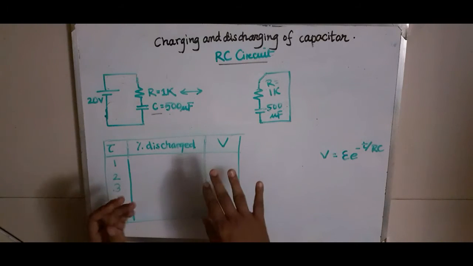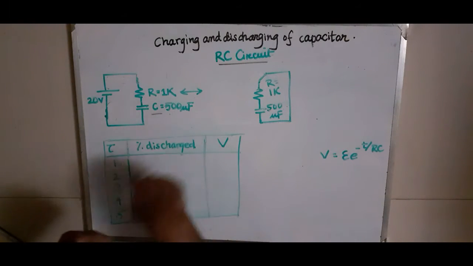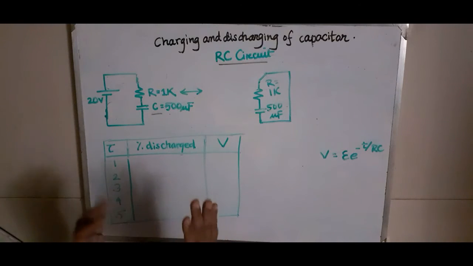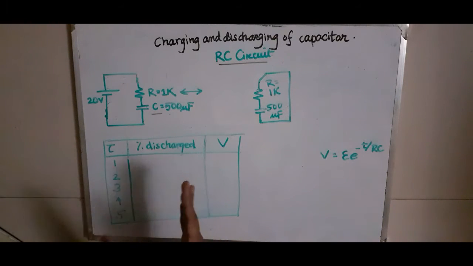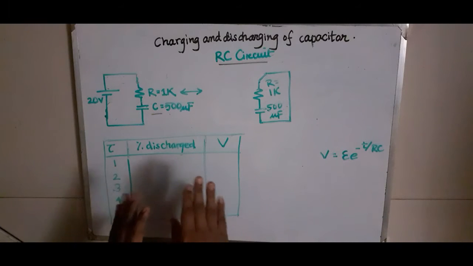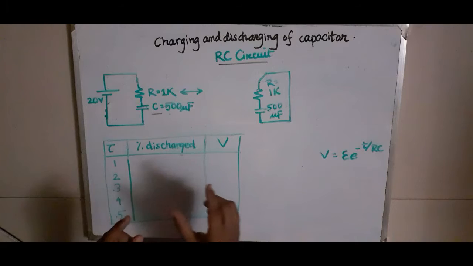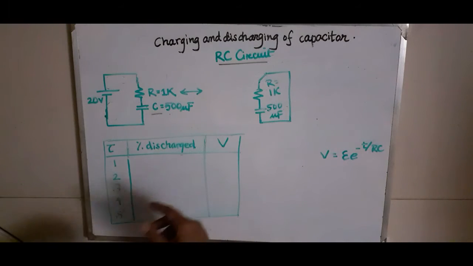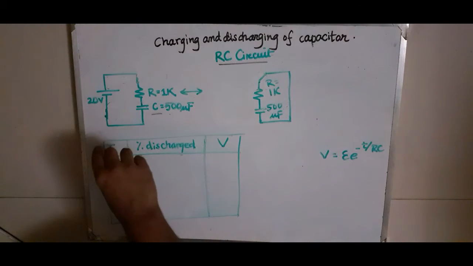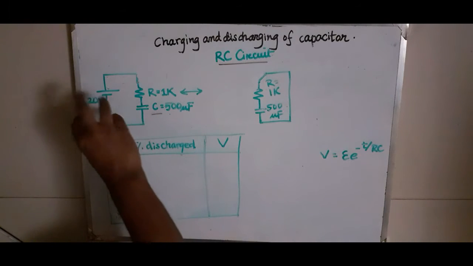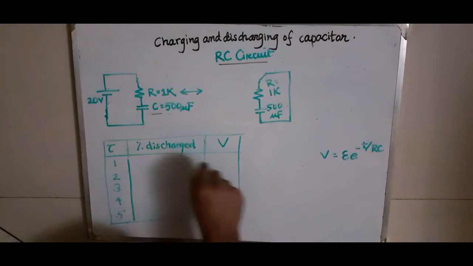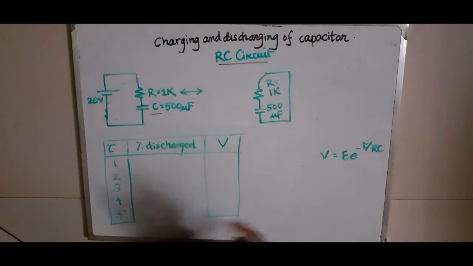In the previous problem we saw that the capacitor is being charged, and after 5 time constants the capacitor is almost charged to its fullest capacity. What is the fullest capacity of this capacitor? The same amount of voltage that we have in the battery. The same voltage is now generated across the capacitor. So now the capacitor has a voltage of how much?